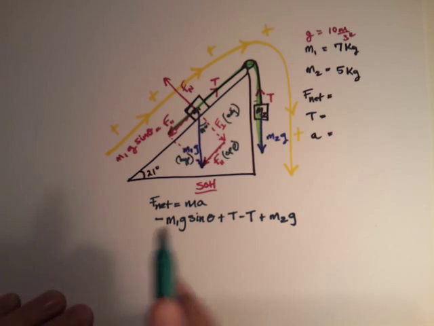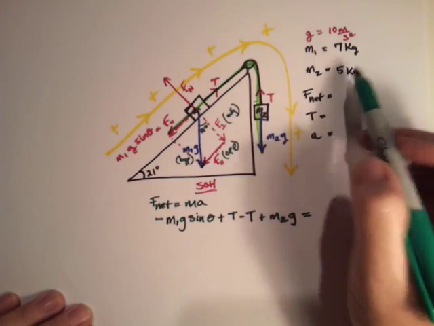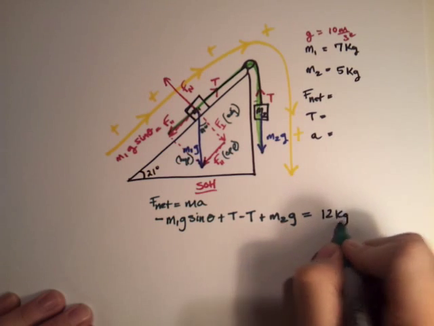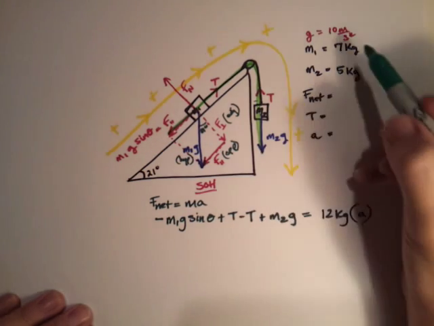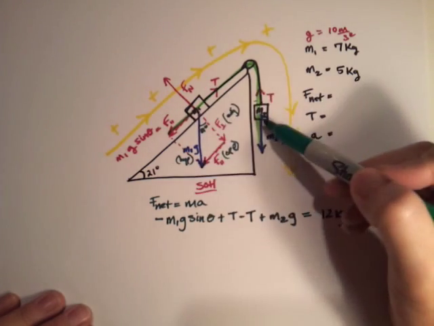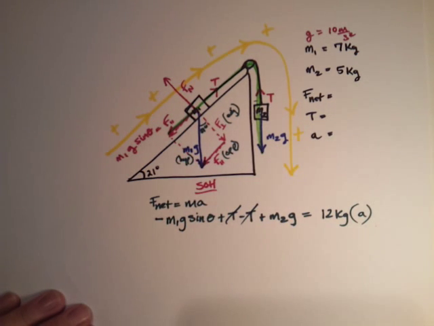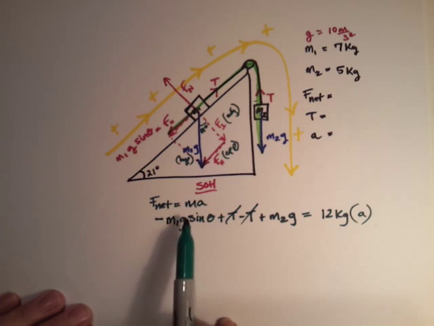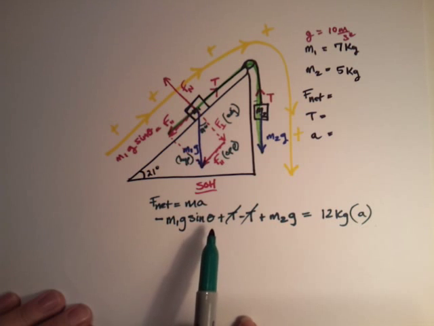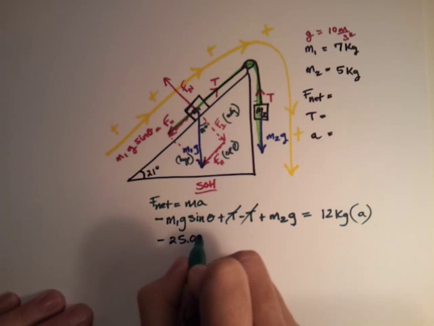So a quick calculation will show, and this equals M A. Let's look at M1, M2, which is really 12. We're looking at the total of the system times A, right? The system will move together because it's an attached mass and mass. So plus T minus T, we can get rid of that. If I do the first mass times acceleration due to gravity, which is the weight of the object, that's really 70 times sine 21, then I'm actually going to get negative 25.09.